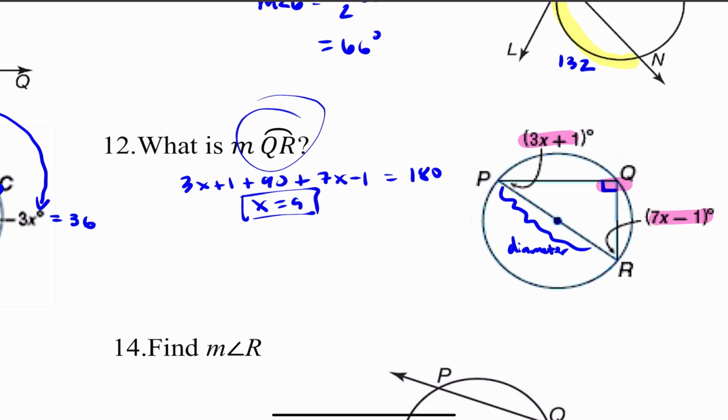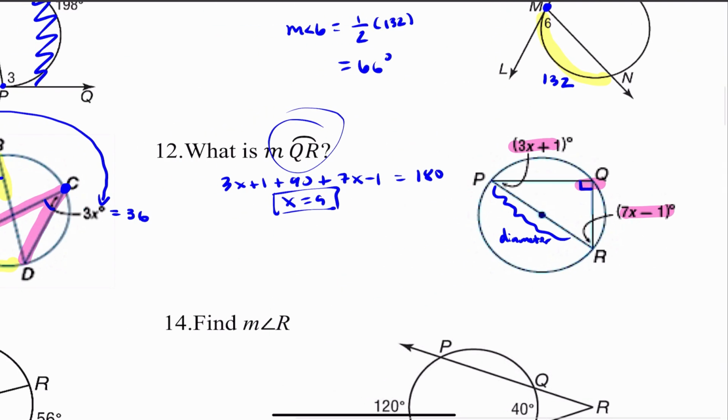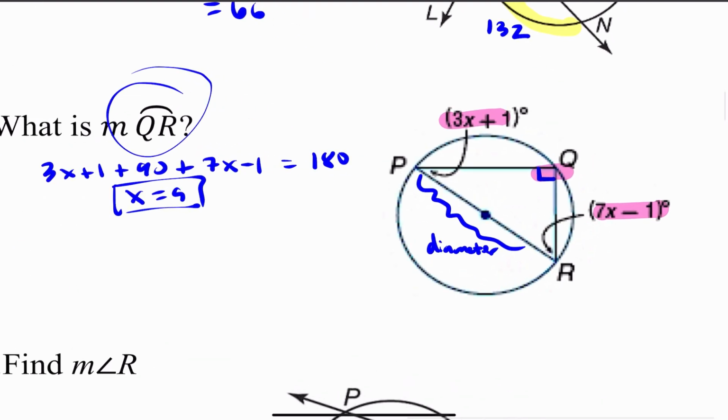This is what I need to do to find QR. Note that we have angle P. I'm going to go ahead and erase all of this because a lot of highlighting can be quite confusing. If we just focus on what we really need to do in this step, it's going to be clear what we need to do to reach our goal.